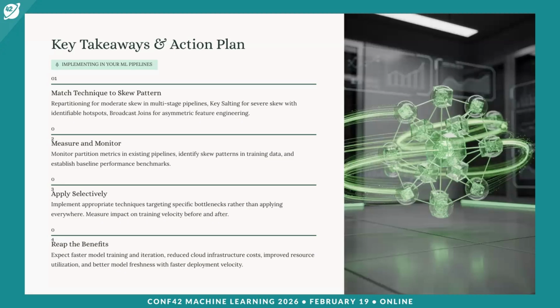Finally, when implemented correctly, these techniques lead to faster model training. It saves a lot of cost and time, keeps the freshness of the data, gives better resource utilization, lower infrastructure costs, and also helps with quicker development cycles.